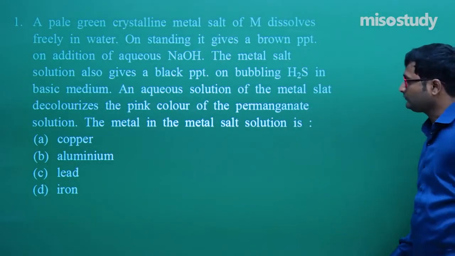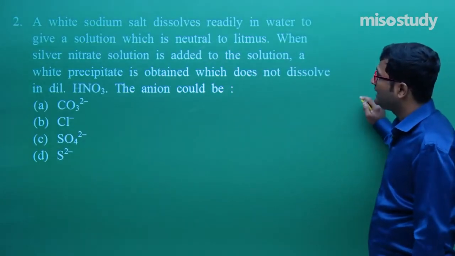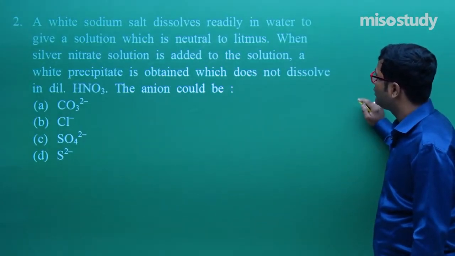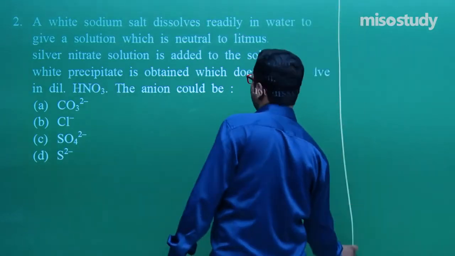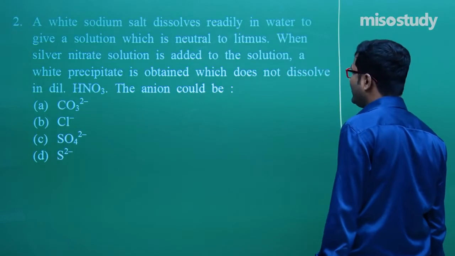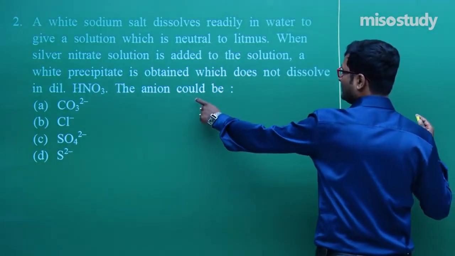Now the next question: a white sodium salt dissolves readily in water to give a solution which is neutral to litmus. When silver nitrate solution is added to the solution, a white precipitate is obtained which does not dissolve in dilute HNO3.